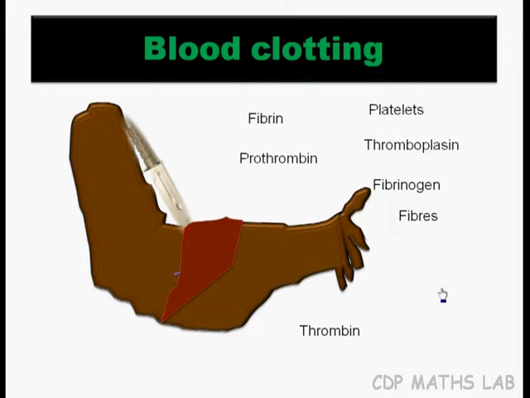And then the cut or wound is covered. Now note, blood clotting is very important because if your skin is cut, the inside of your body will be exposed to germs, bacteria, etc. And that could cause serious damage to your body and seriously affect your life.